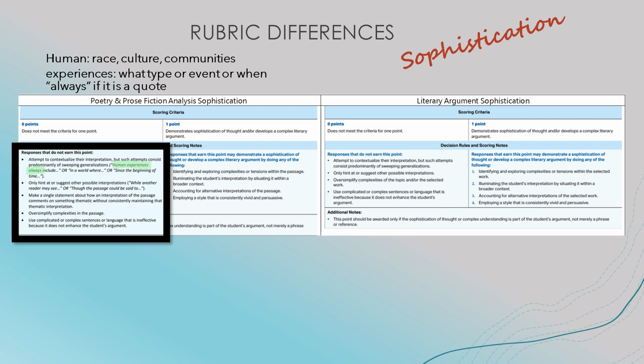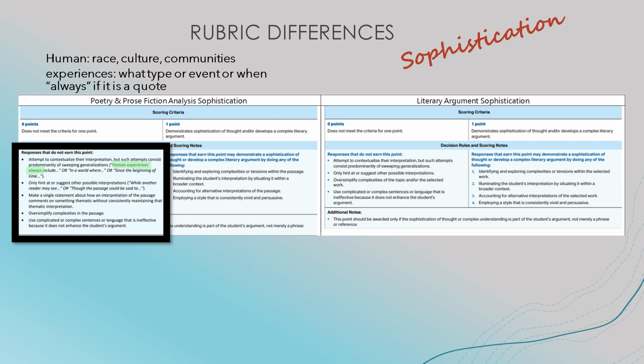Now, when it gets to the always, much like when you have an argument in real life, always should not be used unless it is truly always. It has to apply to every possible environment or be part of a quote from the passage for you to use it in your essay.